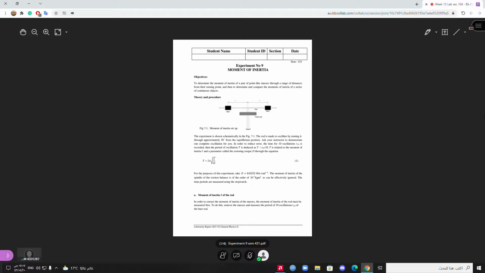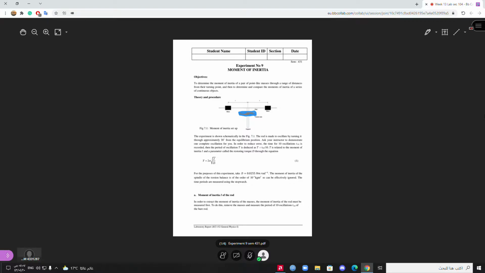Today, we are going to calculate the moment of inertia of the object by a different method. What's the different method? Now you have a spring. You can compress the spring or stretch the spring by applying a force. That energy is stored in the spring as spring potential energy that will be released wherever required. And the object is attached to a rod.